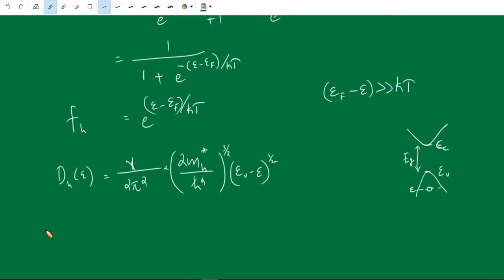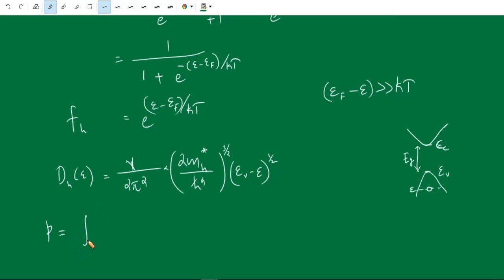Now, therefore, the hole concentration, the number of holes per unit volume, is given by the following. Here the upper energy of the valence band is Ev, and the lowest limit is minus infinity.